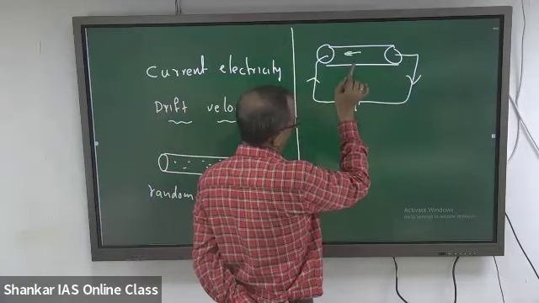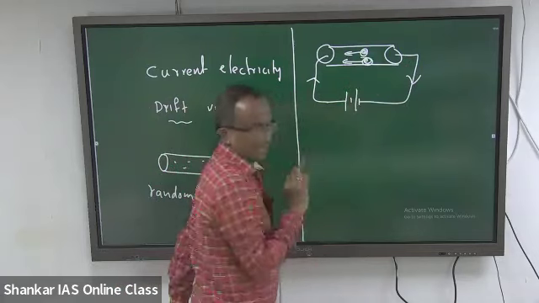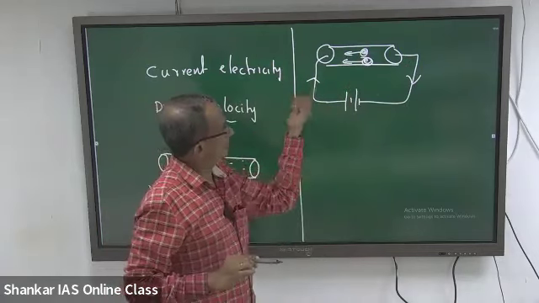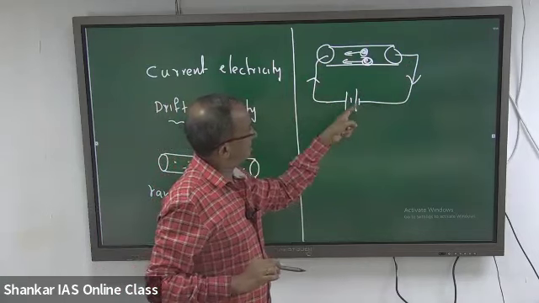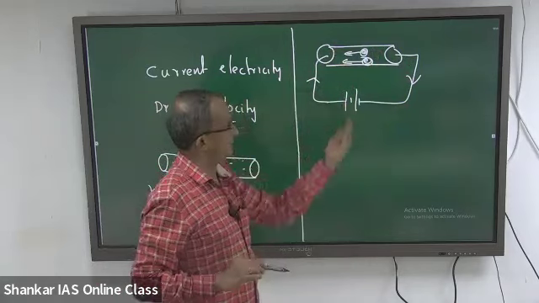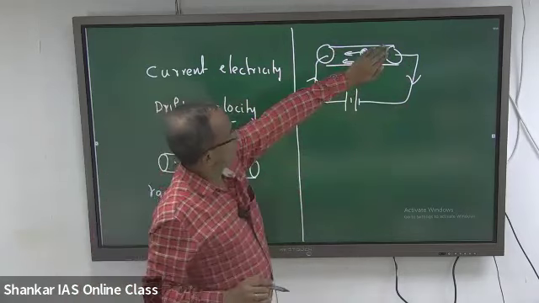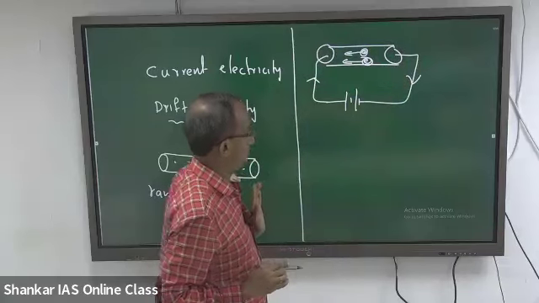The direction of current will be like this, but the direction of electrons is opposite. The velocity with which the electrons drift is called drift velocity.